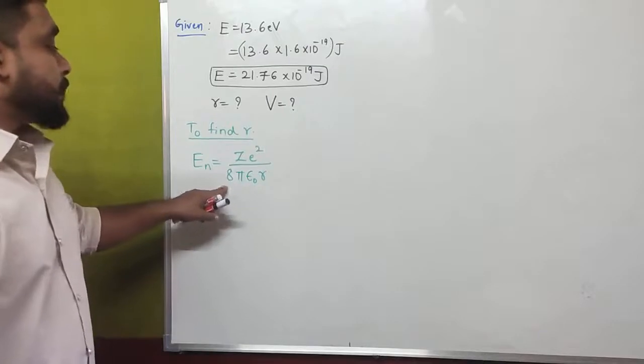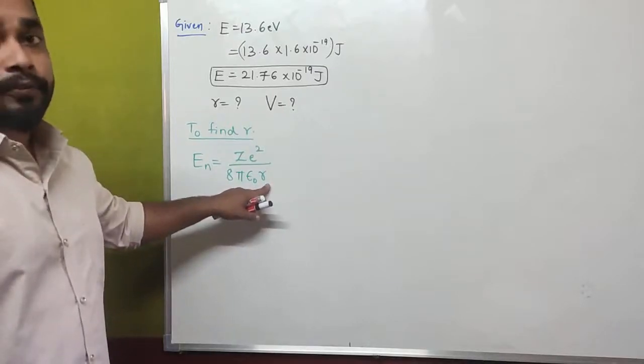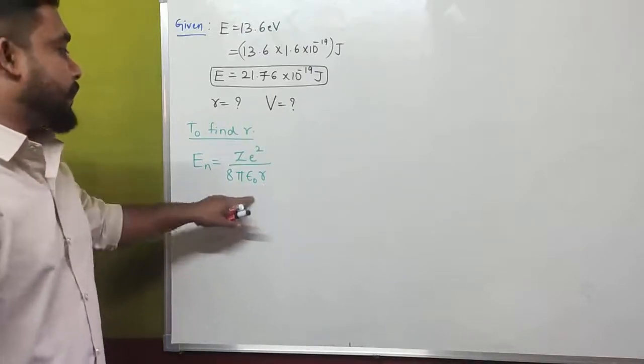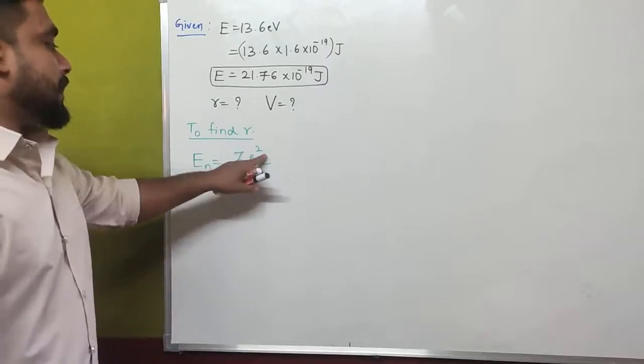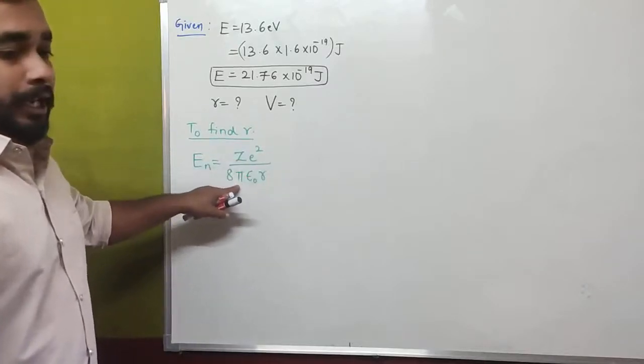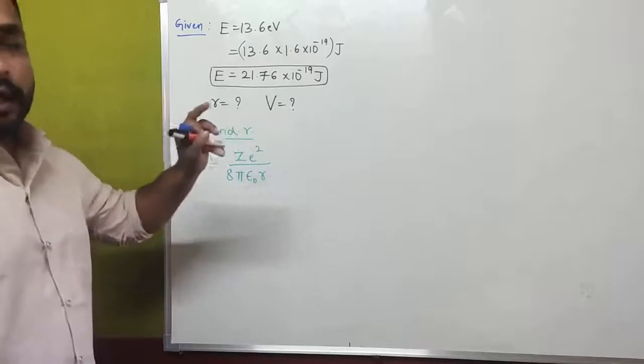From Rutherford's nth energy of a hydrogen atom derivation, we have this formula, En is equal to Ze square divided by 8 pi epsilon naught into R.